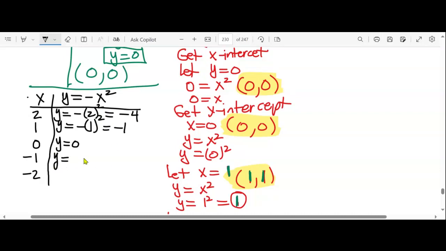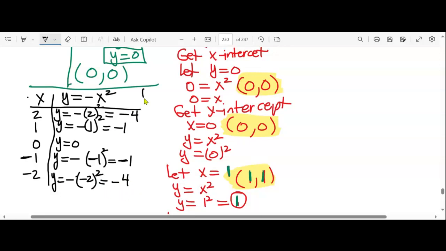If x is -1, so it's going to equal how much? -1. I'm sorry, I'm talking about x. If x is -1, then y is -1. If x is -2, how much is y? -4.